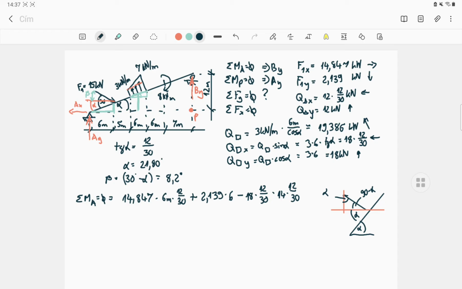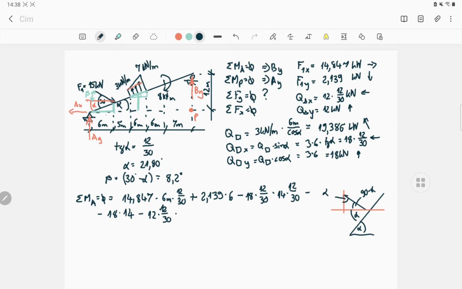Okay, and now we need the Y component. The Y component is 80 times, and 14 is the distance, sorry. Okay, that was the rectangle. Let me see the triangle. Yes, 12 times 12 over 30 is the force. And the distance, if you check the horizontal distance, 6 plus 5 plus 4 until the triangle place.